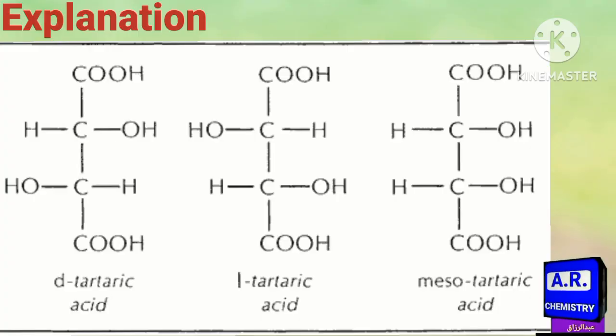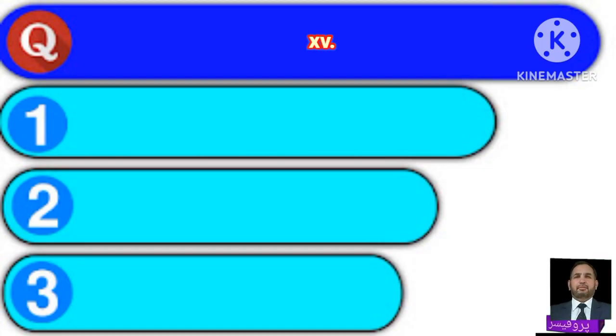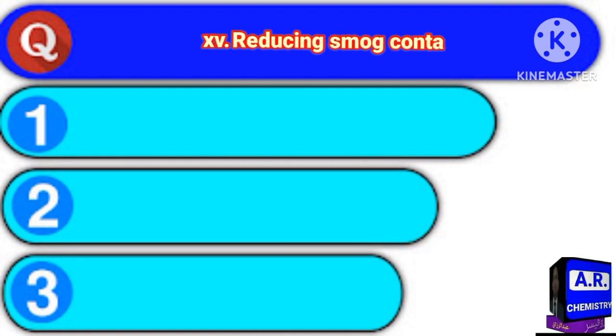Here, 3 optical isomers of tartaric acid have been shown. There is also a racemic mixture which is an equimolar mixture of D and L isomers. Next question, which is question number 15.